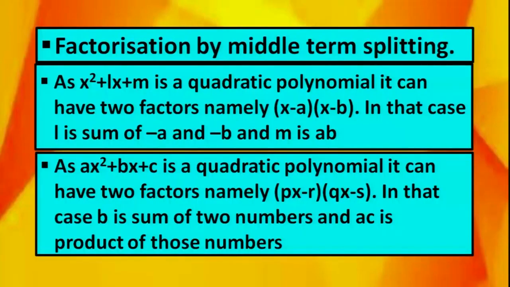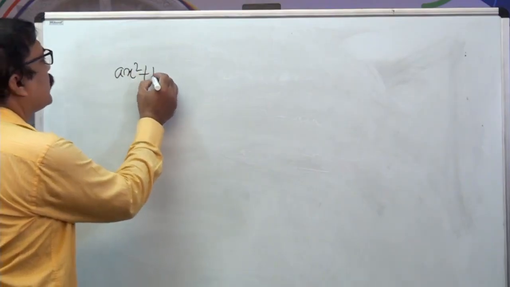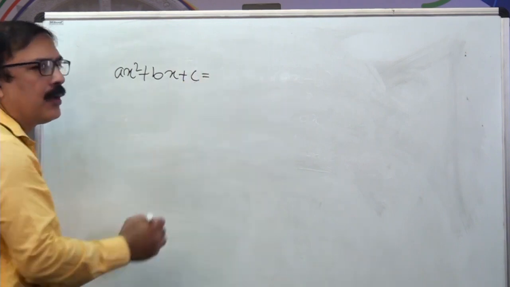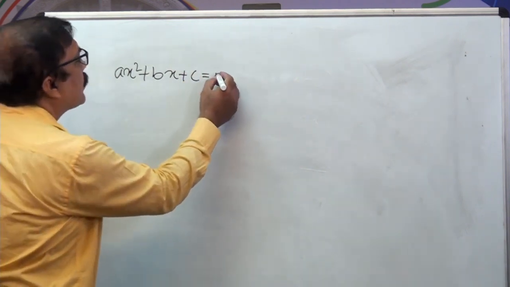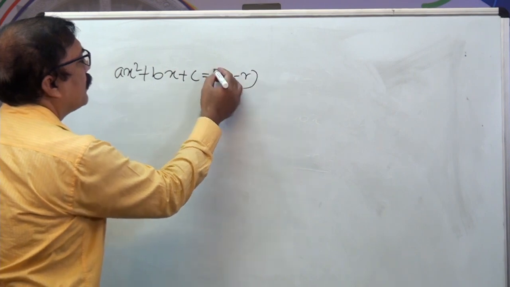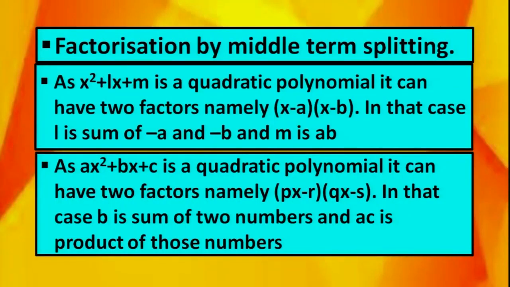Here we have ax square plus bx plus c. That means the coefficient of x square is some a other than 1. So in its factors we will have the coefficient of x other than 1. So let's take ax square plus bx plus c is equal to some (px minus r) into some (qx minus s).